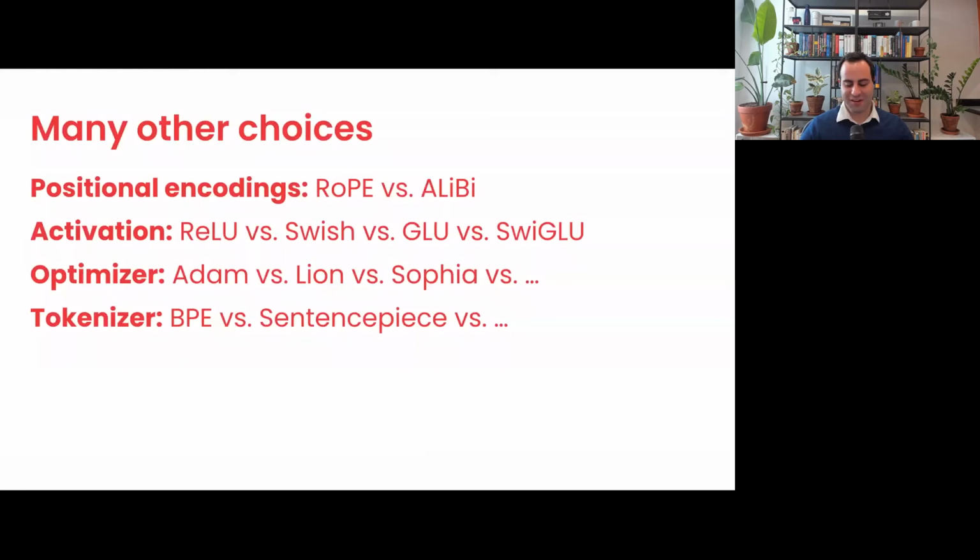The last part is the tokenizer. So I'm not going to spend too much time on tokenization today because I could probably talk for years on tokenizers, and I'm not an expert in that, and the experts could probably talk for even longer. Tokenizers are how we translate actual text into individual discrete tokens that the model can process. And there is a whole art and literature to this.